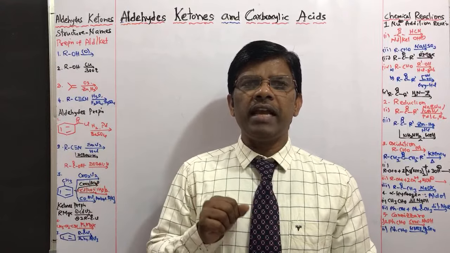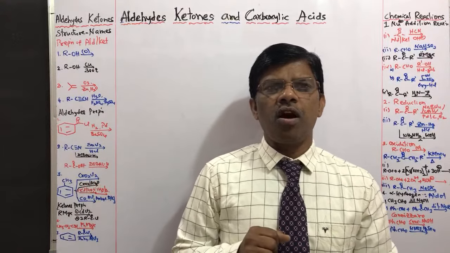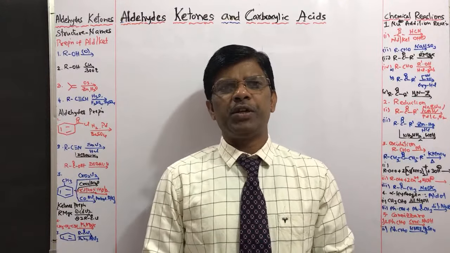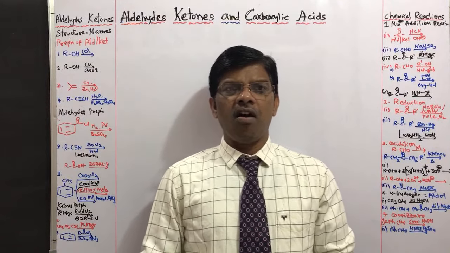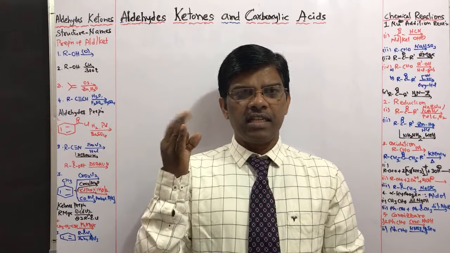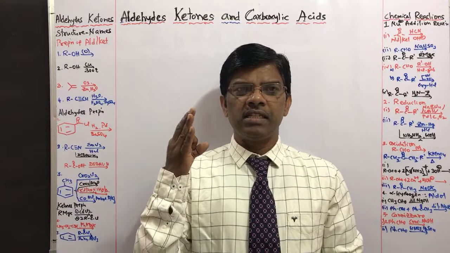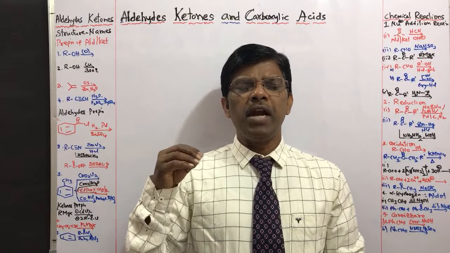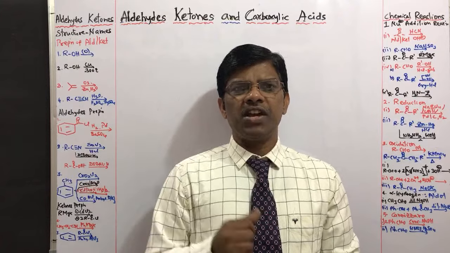That means carbonyl compounds. These are the compounds which play a major role with respect to name reactions, oxidations, reductions, C-C bond formation, C=C double bond formation and various metal catalyzed reactions.